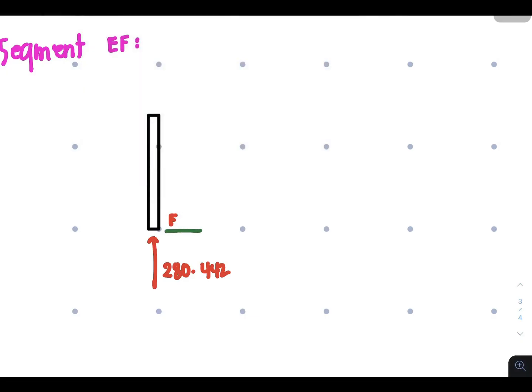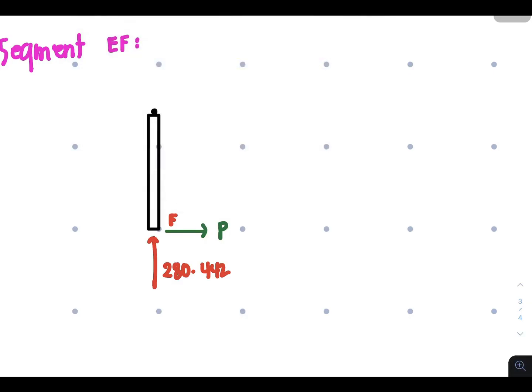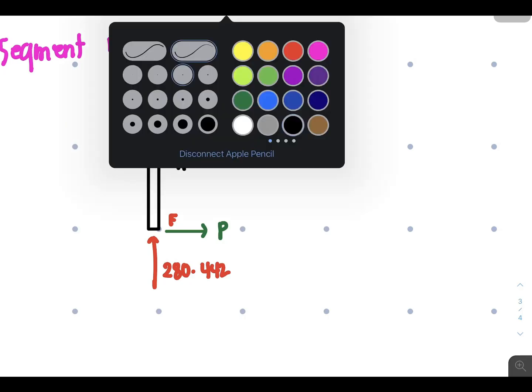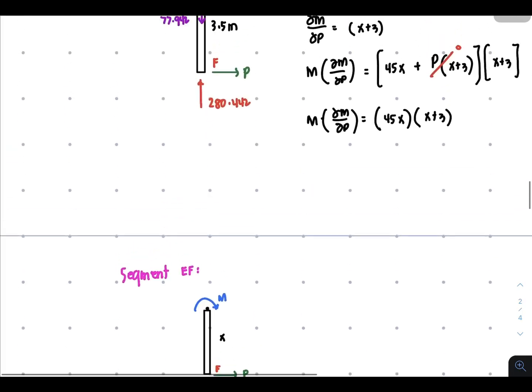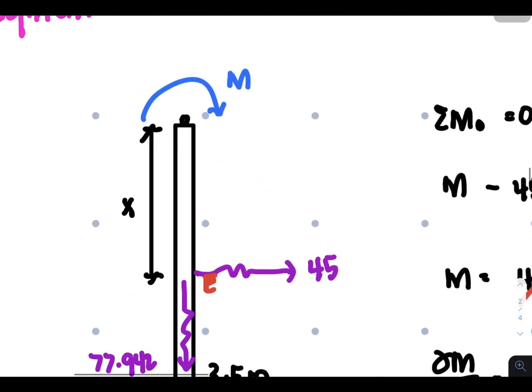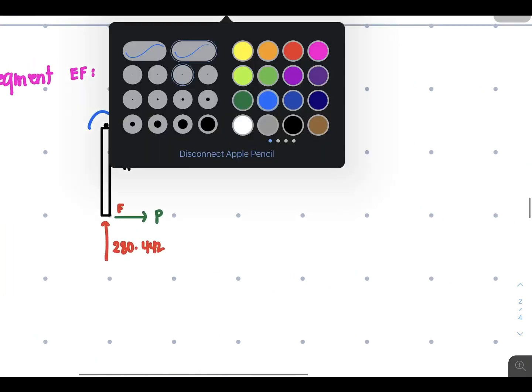Also, do not forget that there is a horizontal P force, and at the point of cutting here, the distance is x from point F. Then you also have a moment M, and the direction would still be the same as the previous one.